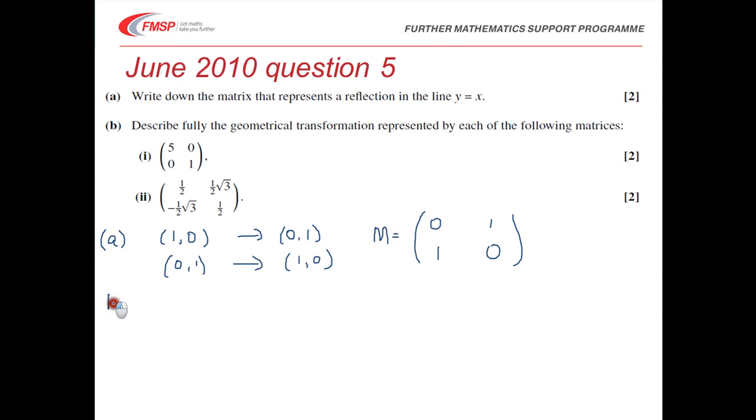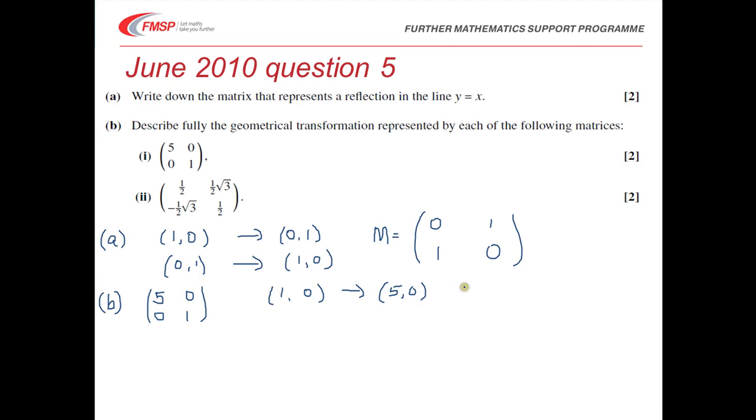And then in part B, we have this matrix 5, 0, 0, 1. So what that is telling us is that the point 1, 0 has been mapped onto the point 5, 0, because instead of having 1, 0 here on our identity matrix, we've got 5, 0.